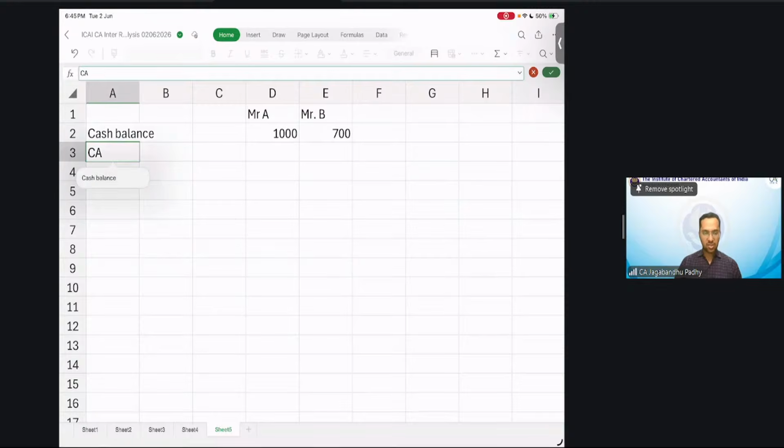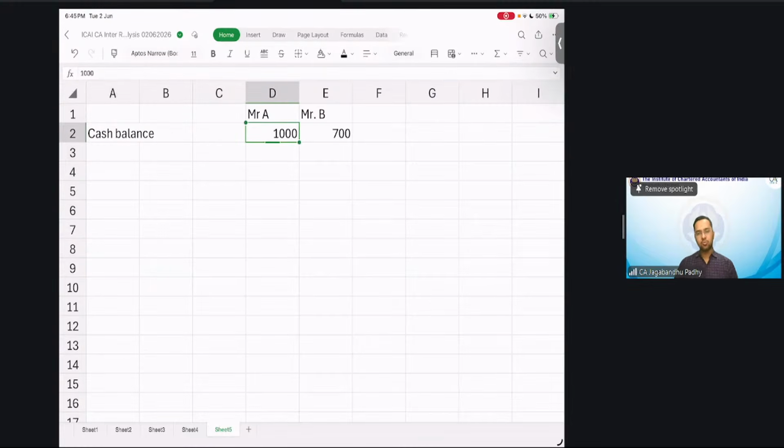So what's the cash expense? Now, if I ask you, which of these two persons, A or B, is having a greater liquidity, guys? Who will be able to honor the day-to-day expenses easily? A or B?